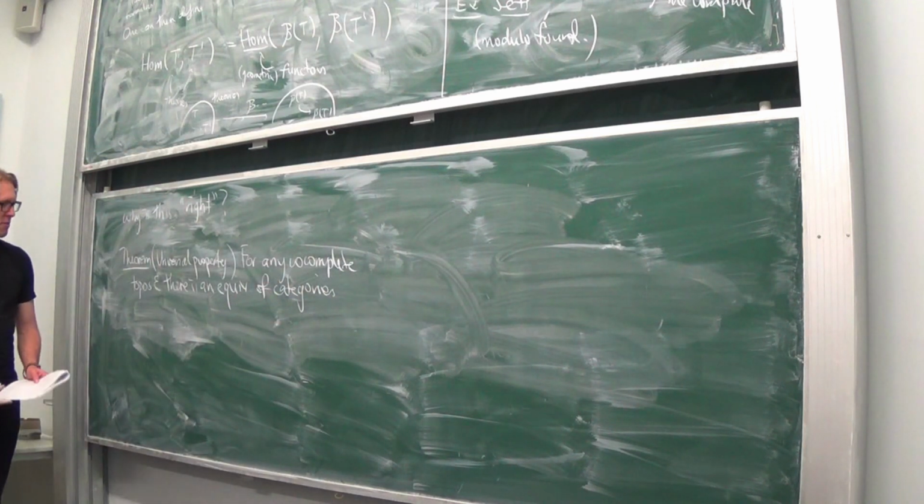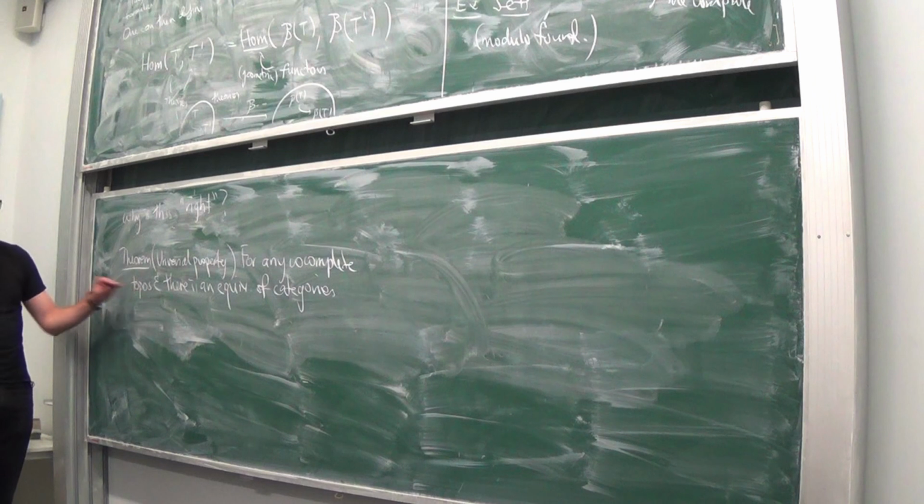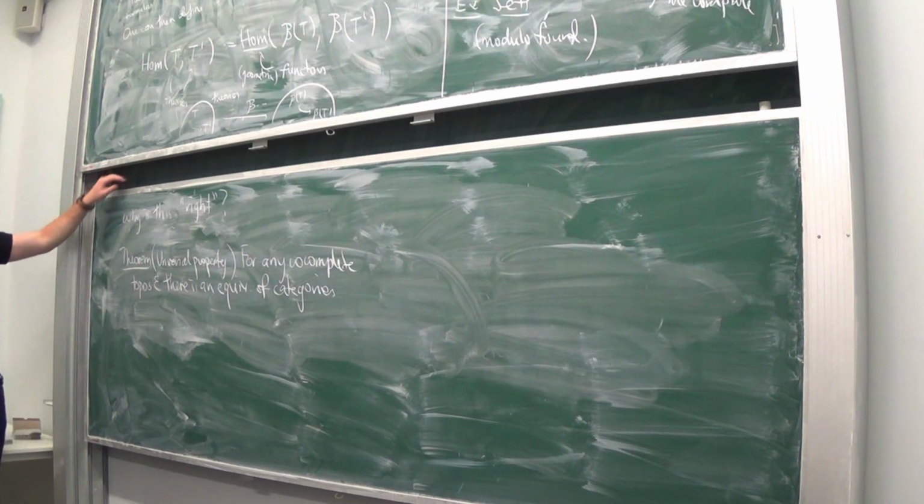I'm fully aware I haven't defined what a topos is, but I'm going to do that immediately after stating this theorem. For the statement, you can just think of sets.